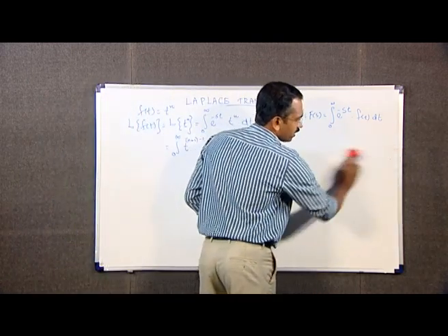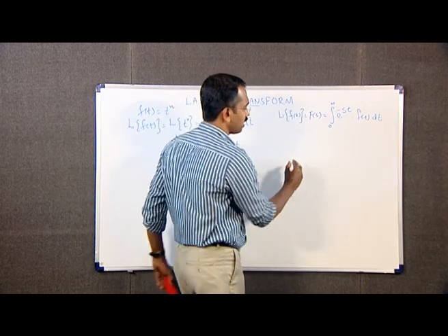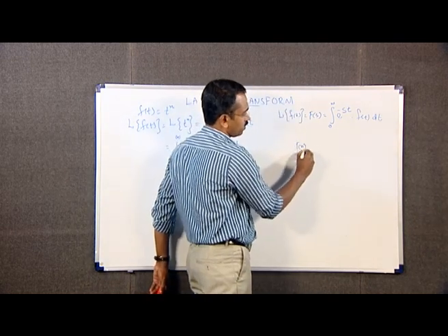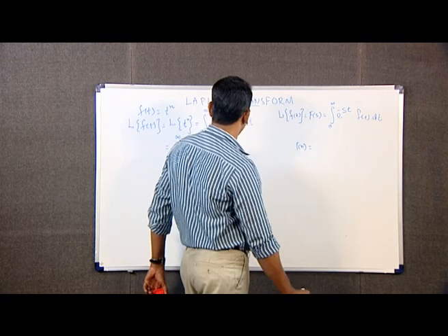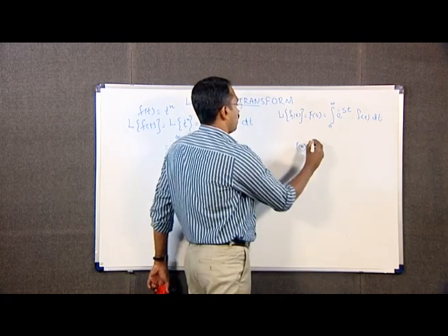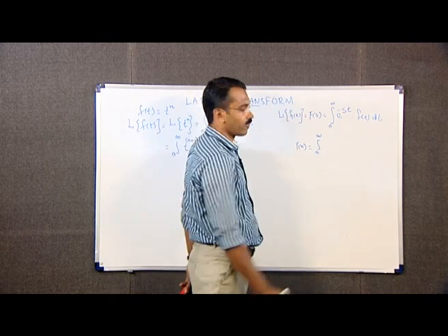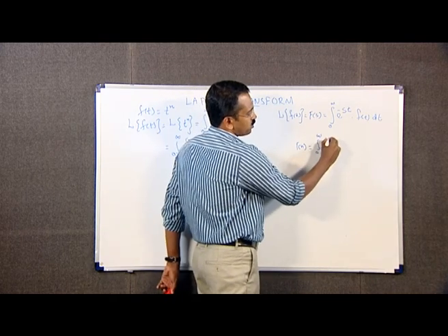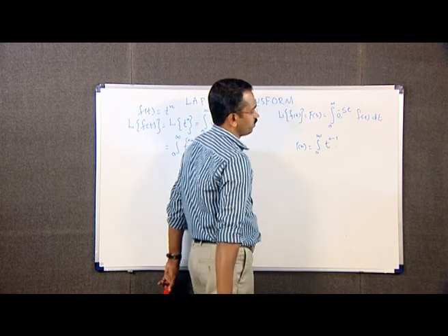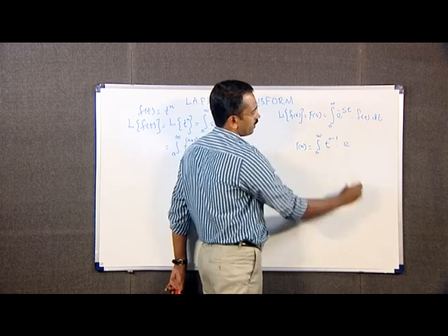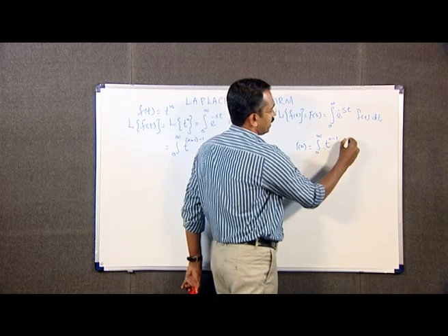We have the gamma function, gamma n is equal to integral from 0 to infinity t raised to n minus 1 into e raised to minus t dt.